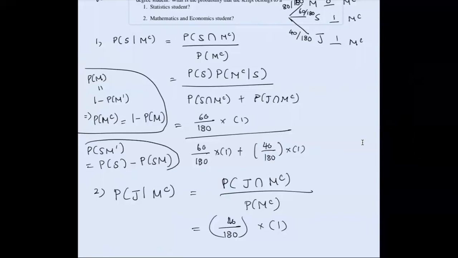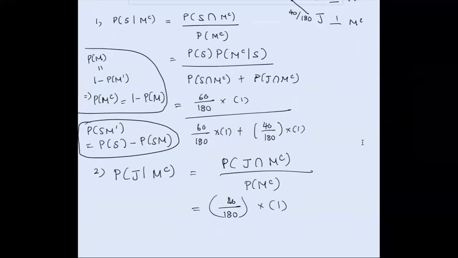Yes, this one is also correct. For the denominator, we use the same denominator as above because we are interested in the probability of non-math students. I will copy this one.